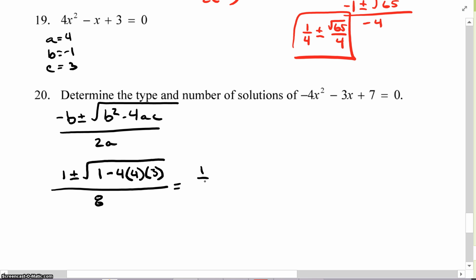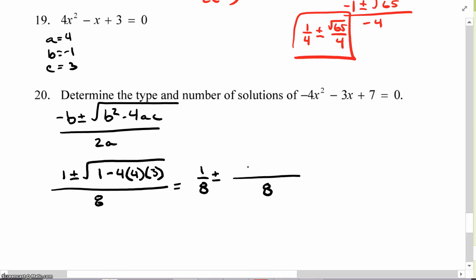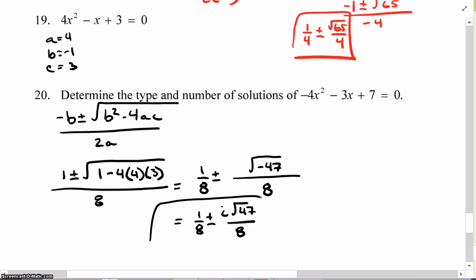So that's going to be 1/8 plus or minus some mess. Okay, 4 times 3 is 12. 12 times 4 is 48. So it's going to be 1 minus 48, so it's going to be the square root of negative 47. Okay, so this is going to end up being 1/8 plus or minus i square root of 47 over 8.